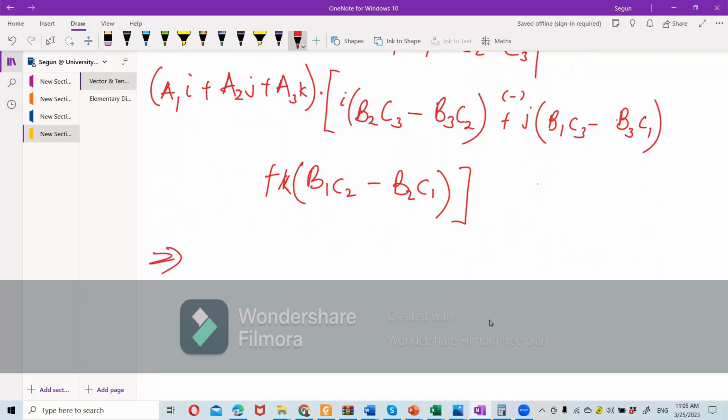Remember, we have A_I, which is A1 in bracket, minus B2, C3 minus B3, C2.